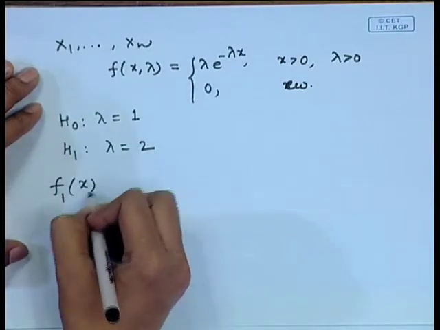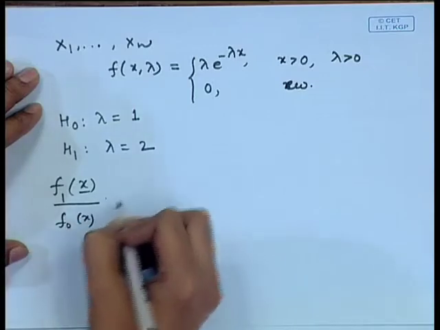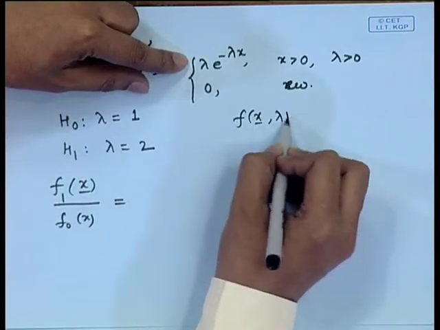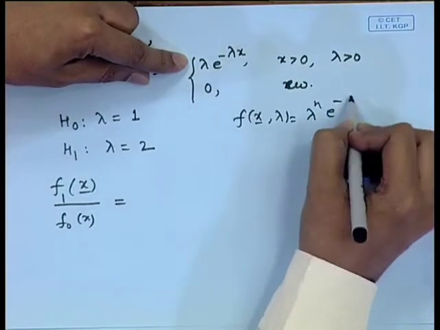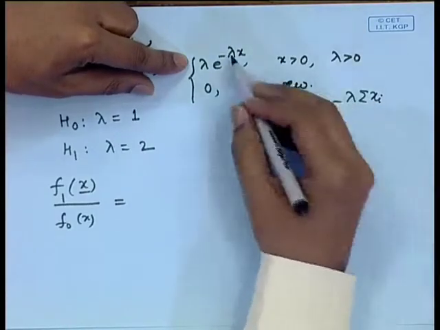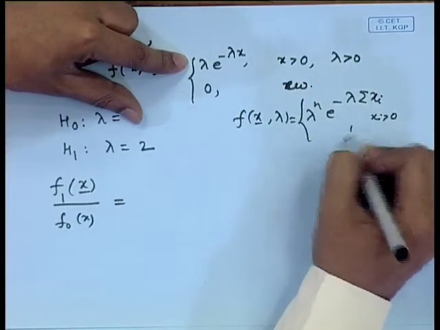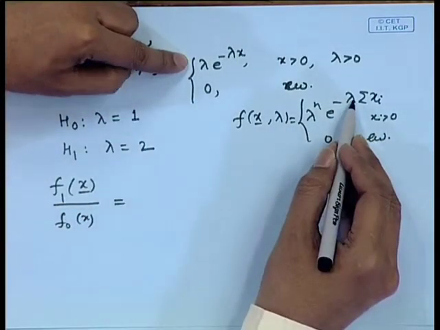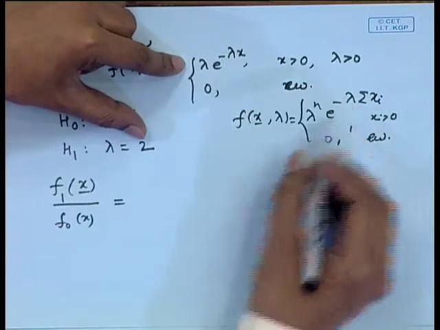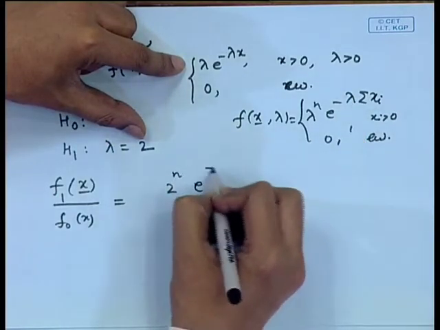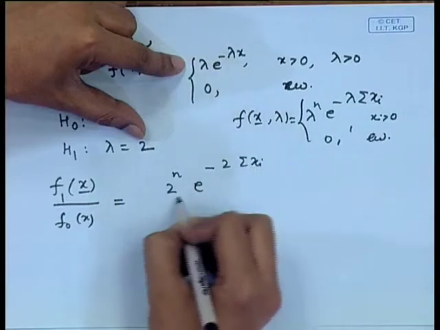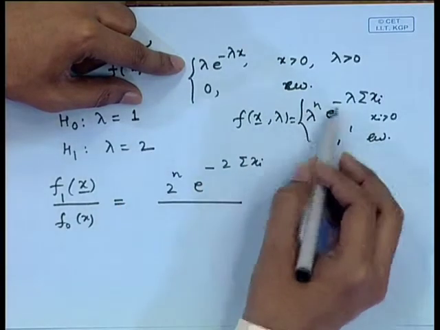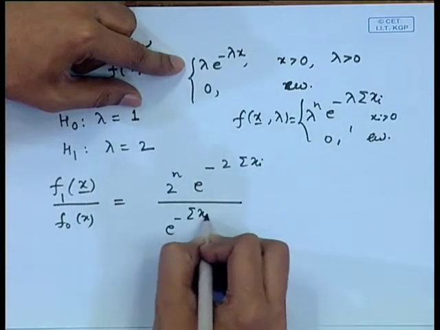So, f 1 x by f naught x. Here the joint distribution f x lambda becomes lambda to the power n e to the power minus lambda sigma x i, when all the x i's are positive, and 0 elsewhere. f 1 corresponds to lambda equal to 2, so this becomes 2 to the power n e to the power minus twice sigma x i, divided by f naught, corresponding to lambda equal to 1, which gives e to the power minus sigma x i.